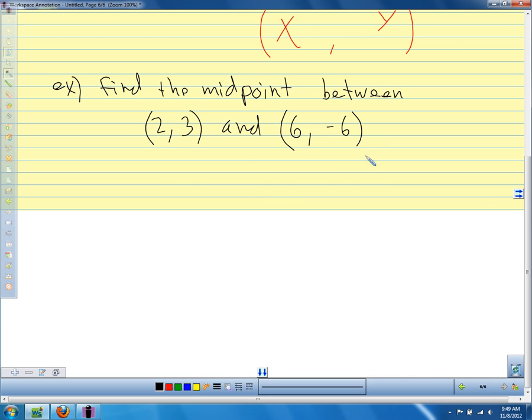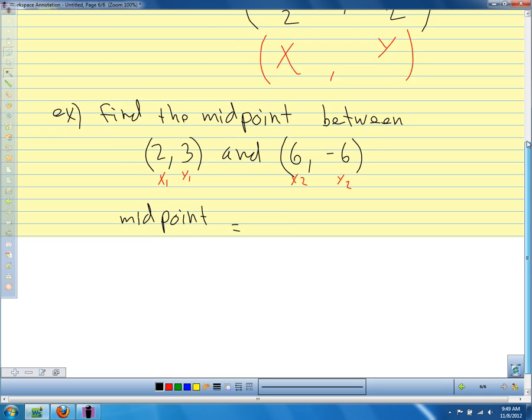So we want to find the midpoint between these 2 points. Again, I recommend labeling your points, x1, y1, x2, y2, and then we plug this into our formula.